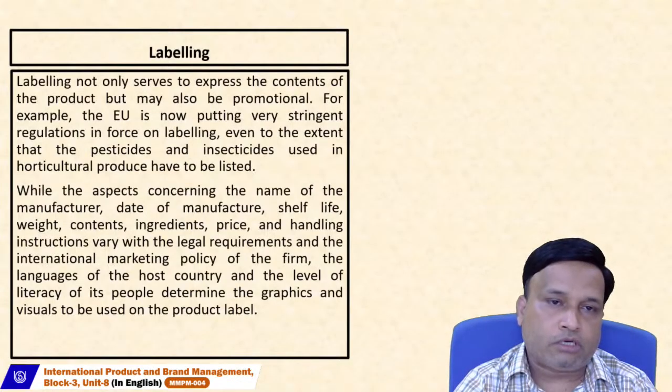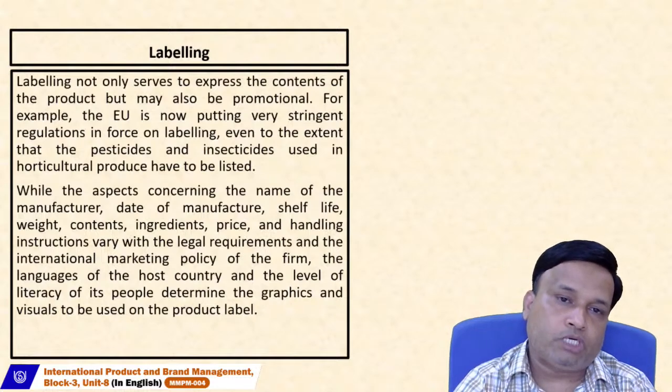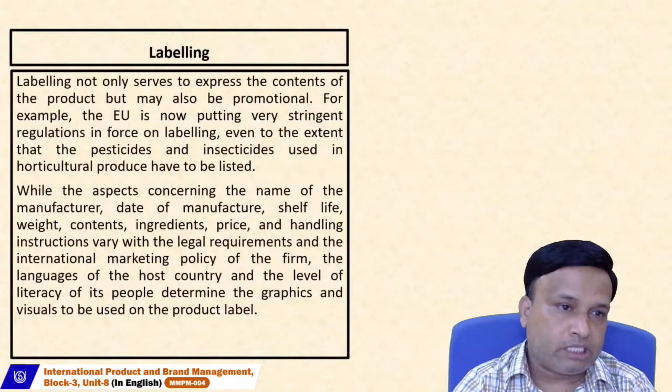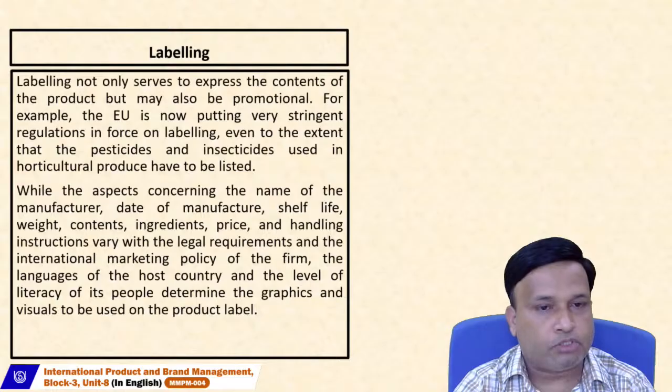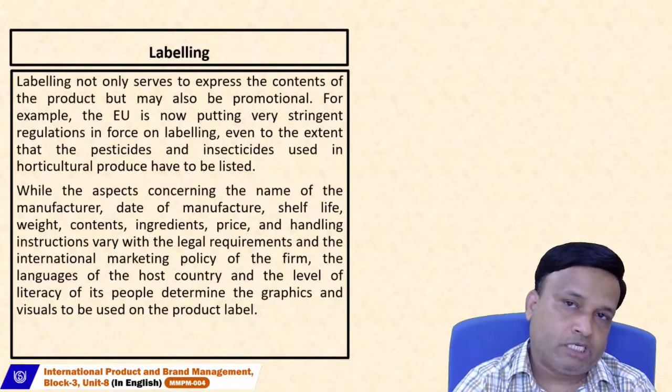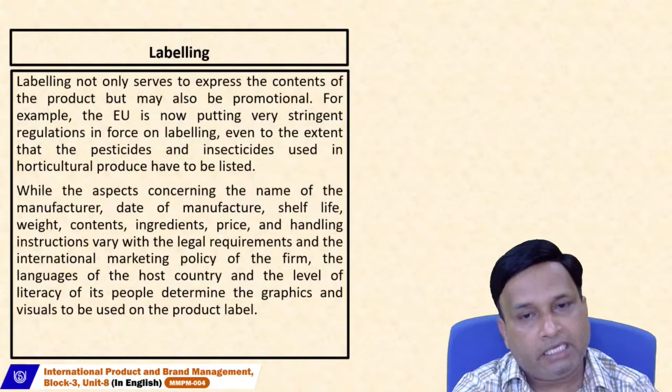So labeling not only serves to express the contents of the product but is also promotional. For example, the EU is now putting very stringent labeling regulations in force, even to the extent that pesticides and insecticides used in horticulture produce have to be listed. You have to list all that. Take the case of Maggi from Nestle.